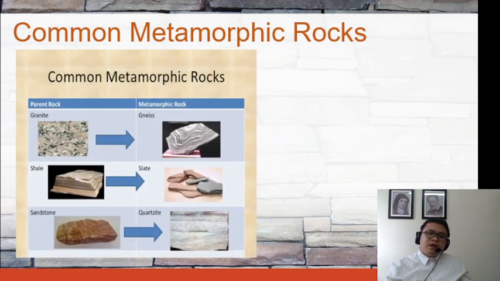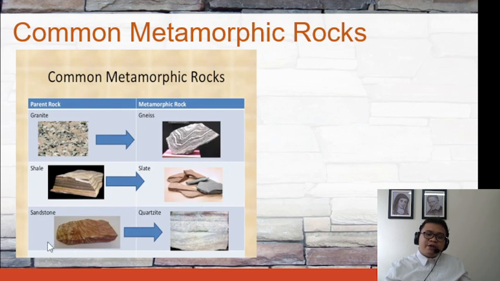So let's move on. What are the common metamorphic rocks? For example, if the parent rock is granite, the metamorphic rock usually is gneiss. If the parent rock is shale from the sedimentary rocks, then the metamorphic rock for that is slate.